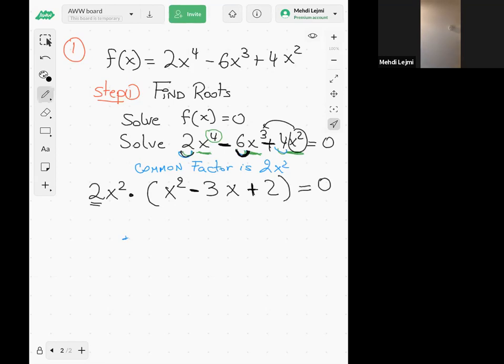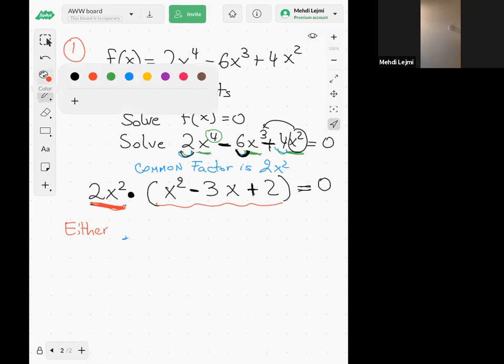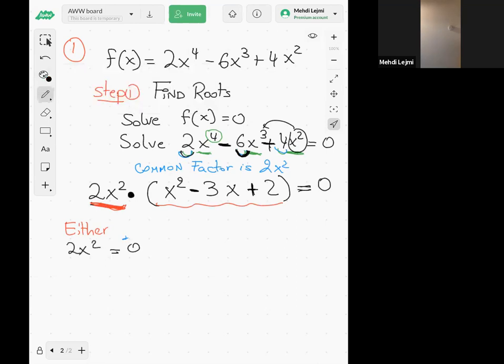All right, so once you have a product equal to 0, then either the first factor is 0 or the second factor is 0. So either the 2x squared is 0 or the x squared minus 3x plus 2 is 0. Now, 2x squared is 0.